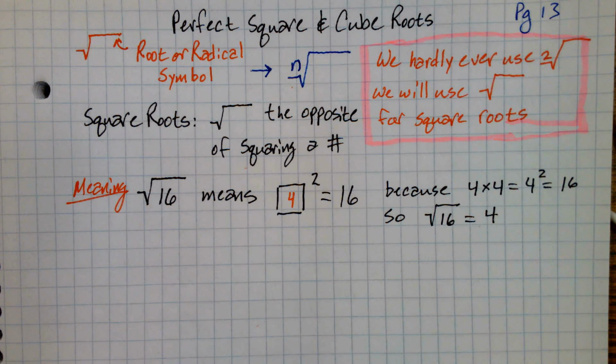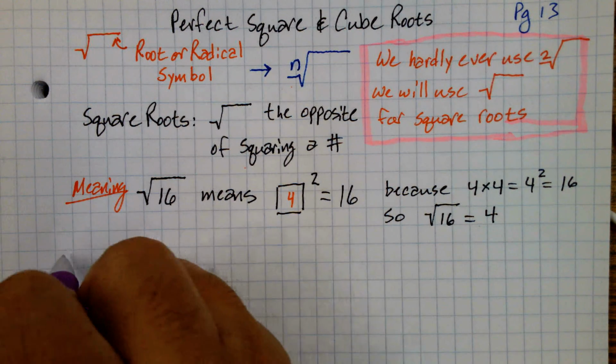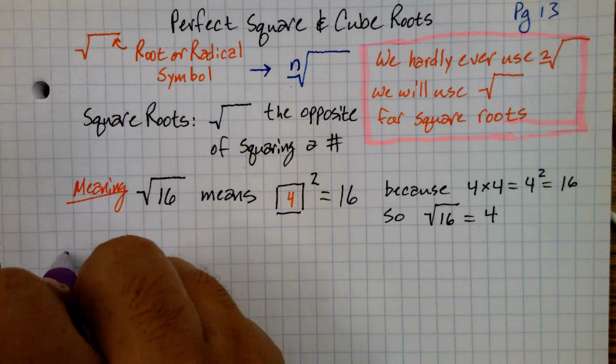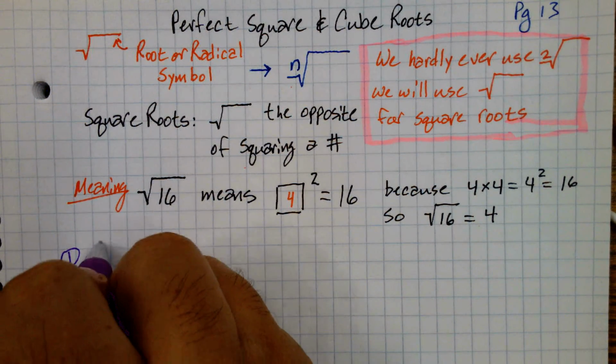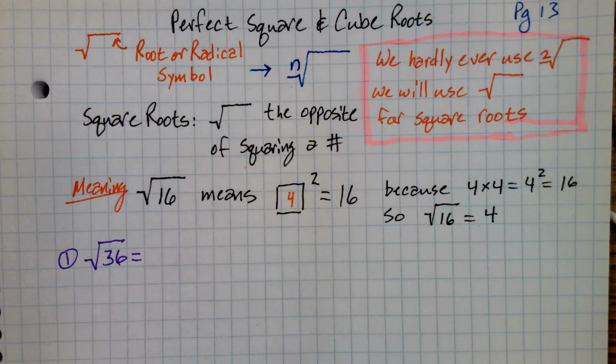Let's practice. Number 1. Let's say we want the square root of 36. Here we're asking what number times itself is 36? 6. 6 times 6 is 36.